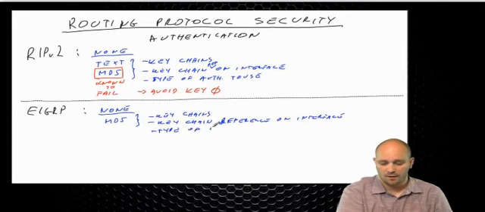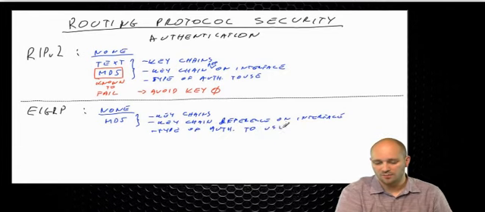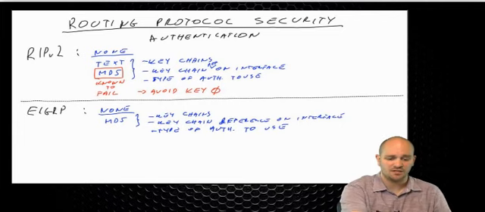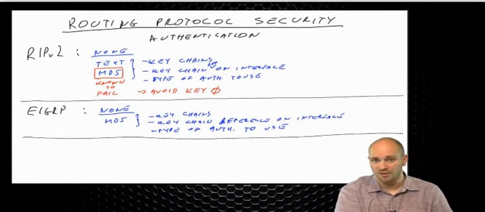Now, even though EIGRP supports only one authentication type, you still need to sort of specify it. But that's pretty much it. There is really nothing more to EIGRP authentication. This is what you need to keep in mind.